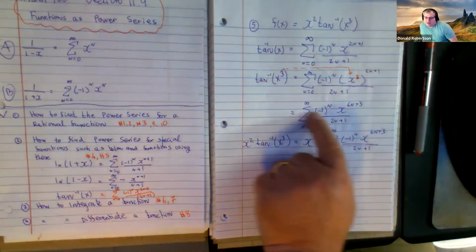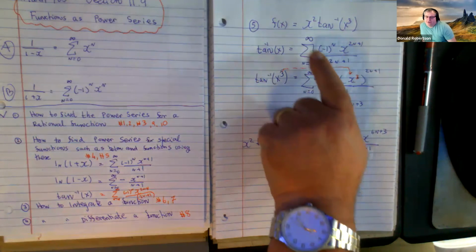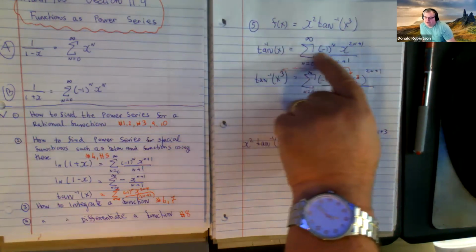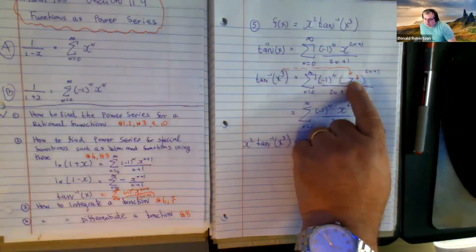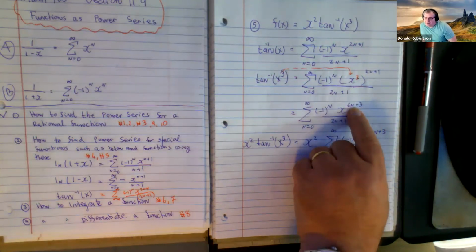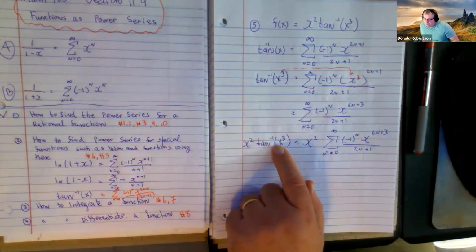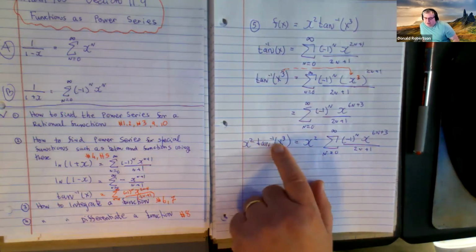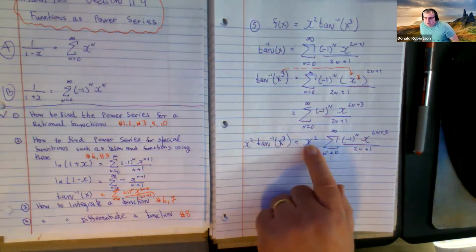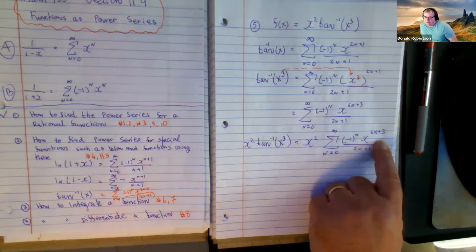It's this ugly guy. And I got this by using the formula for the inverse tan, which we found, replacing this x by x cubed, and then just tidying up. Now I want to add in one last piece. I want an x squared here. Right? So x squared times the inverse tan of x cubed becomes x squared times its power series.